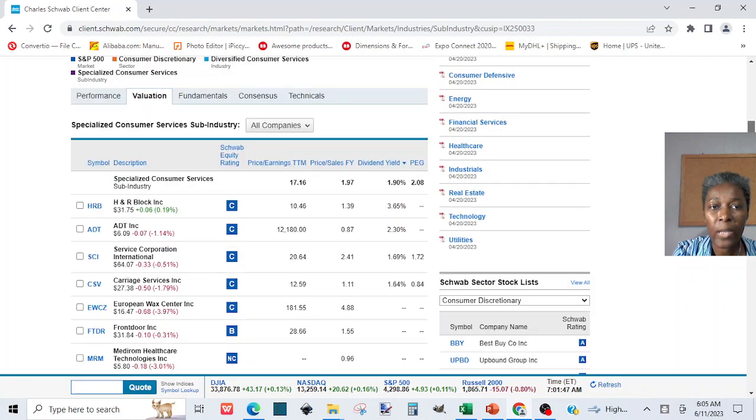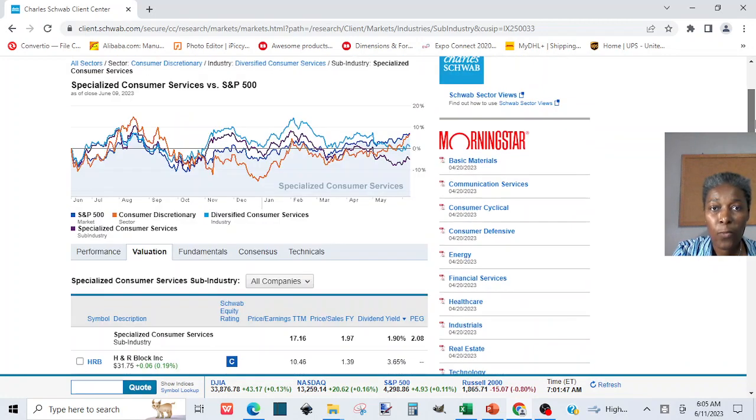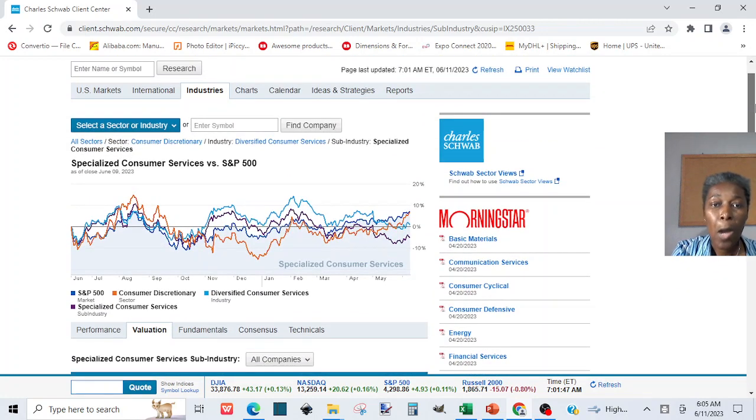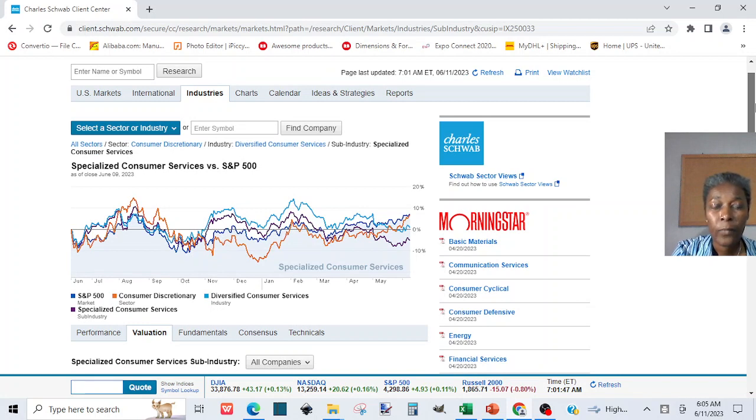And the reason why I'm eliminating partnerships from the list is because you are going to file an additional Schedule K-1 with your 1040 if you have an LLC in your investment portfolio.